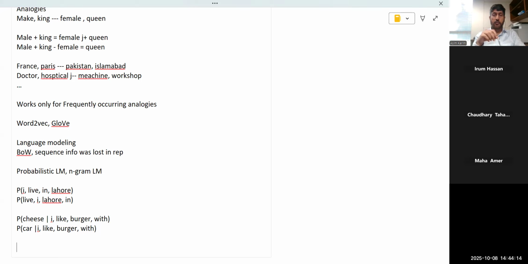And then, of course, as we'll see later on, language modeling is actually the foundation of almost every application in NLP. Okay?